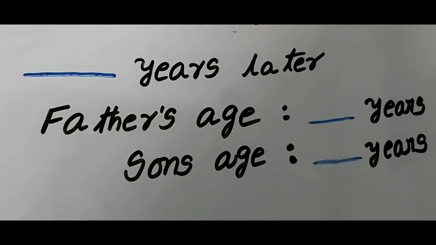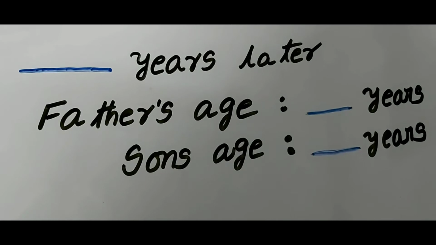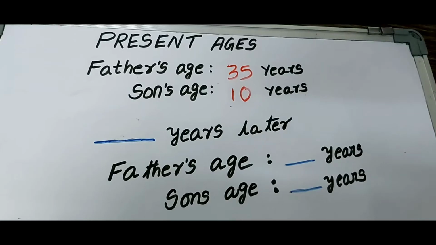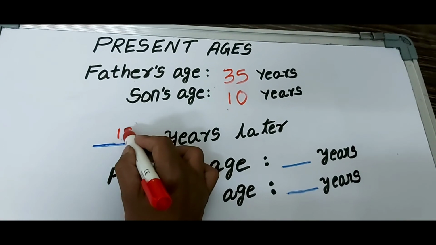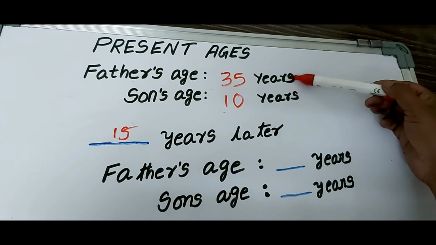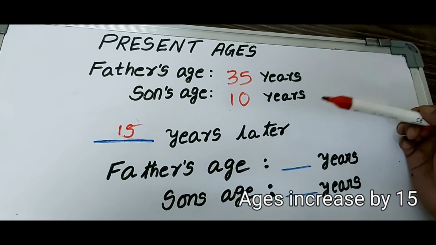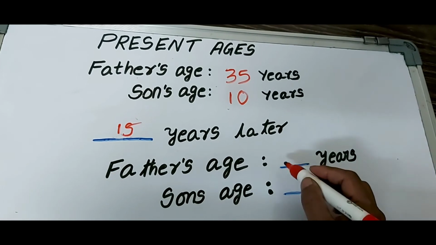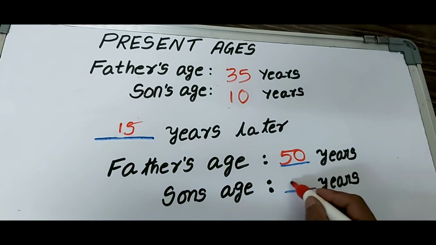To get the next part of the problem, imagine some years later. I would like to take 15 years later. Since their present ages are 35 and 10, 15 years later, their ages would be 50 and 25.